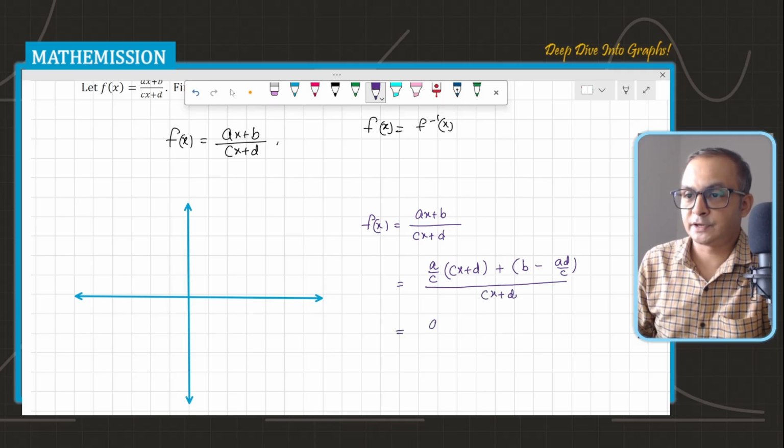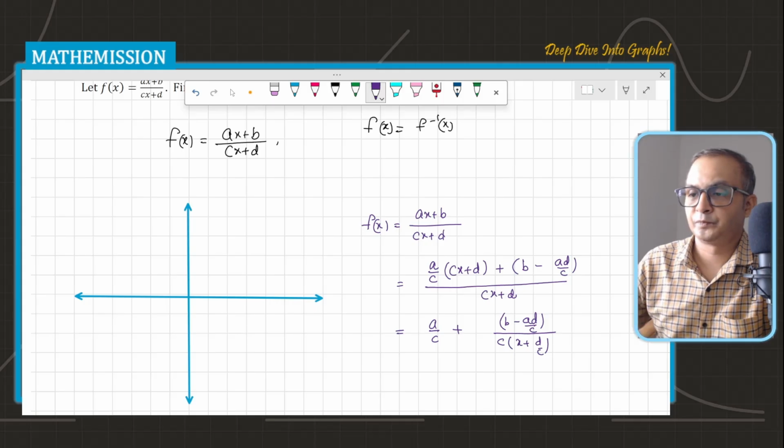Now I can separate it, so it will be a by c plus b minus ad by c, and from there I can take c common, so x plus d by c.